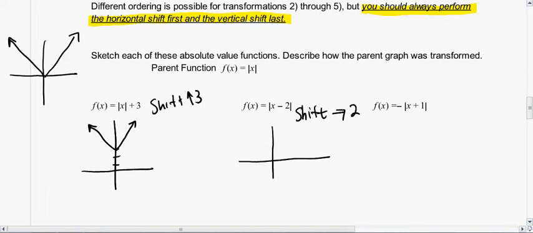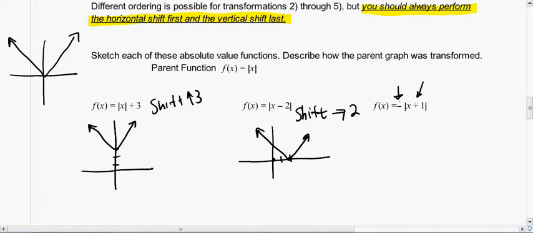So we're going to move our vertex over 1, 2 places to the right. And there's our transformed absolute value graph. Next one has 2 transformations happening here. We've got a reflection, because I've got a negative outside the function, and we've got a shift, because I'm adding 1 inside the function.